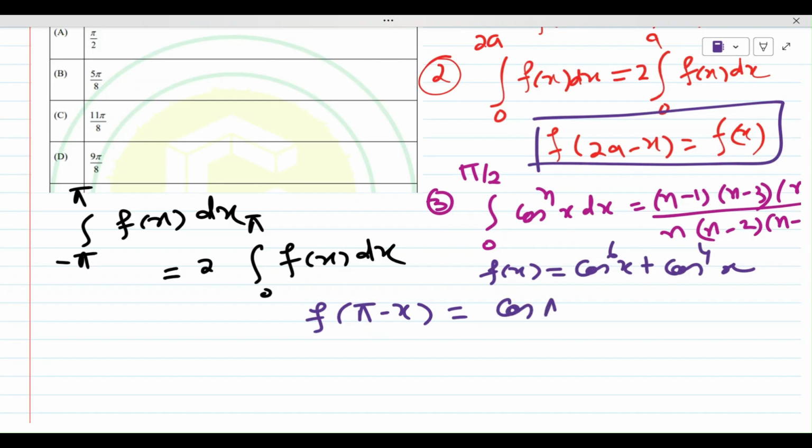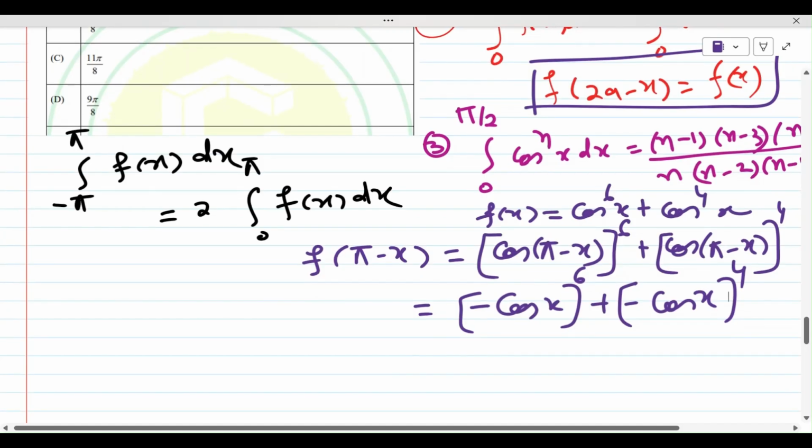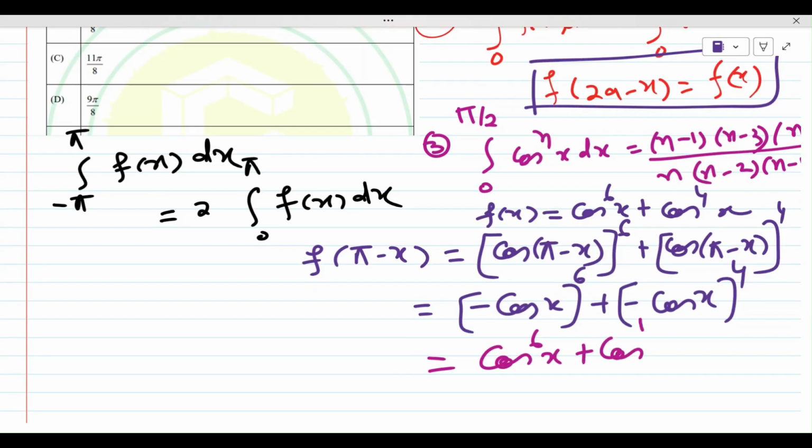So cos of pi minus x whole raised to power 6 plus cos of pi minus x whole raised to power 4. Cos of pi minus x is in the second quadrant, where cos is negative, so minus cos x raised to power 6 plus minus cos x raised to power 4. Since the powers are even, we can write it as cos raised to power 6x plus cos raised to power 4x, and that equals f of x.